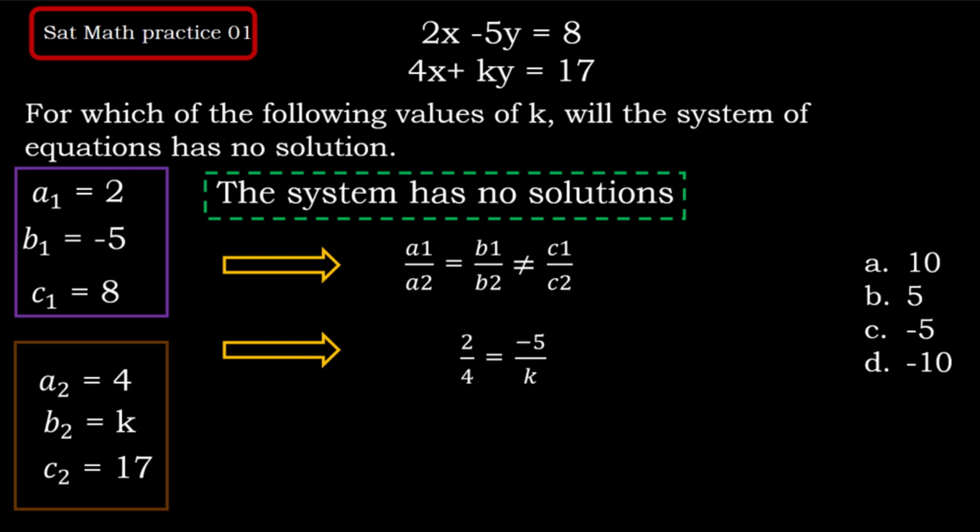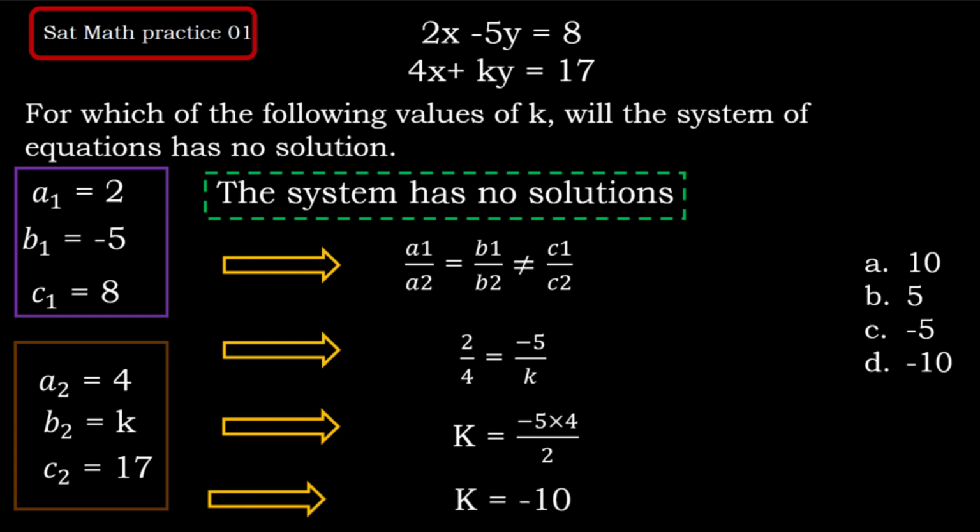Now 2 over 4 is equal to -5 over k. How can we find the value of k? By cross products. So k equals 4 times -5 over 2. -5 times 4 equals -20, divided by 2, so k equals -10. The answer option is D.